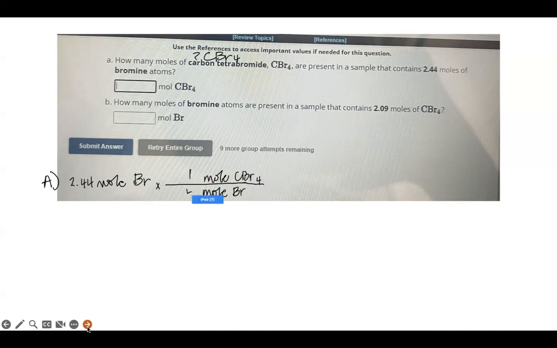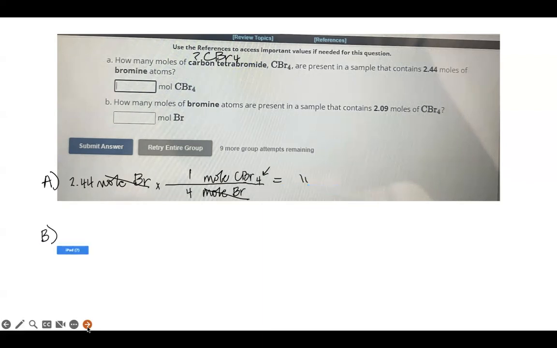And then it's going to be 4 moles of Br because there's a subscript of 4 with the Br. I put moles of Br on the bottom because I wanted them to cancel and I wanted to get into moles of CBr4 on top. So like I said, I will let you solve, but that's just a one-stepper.